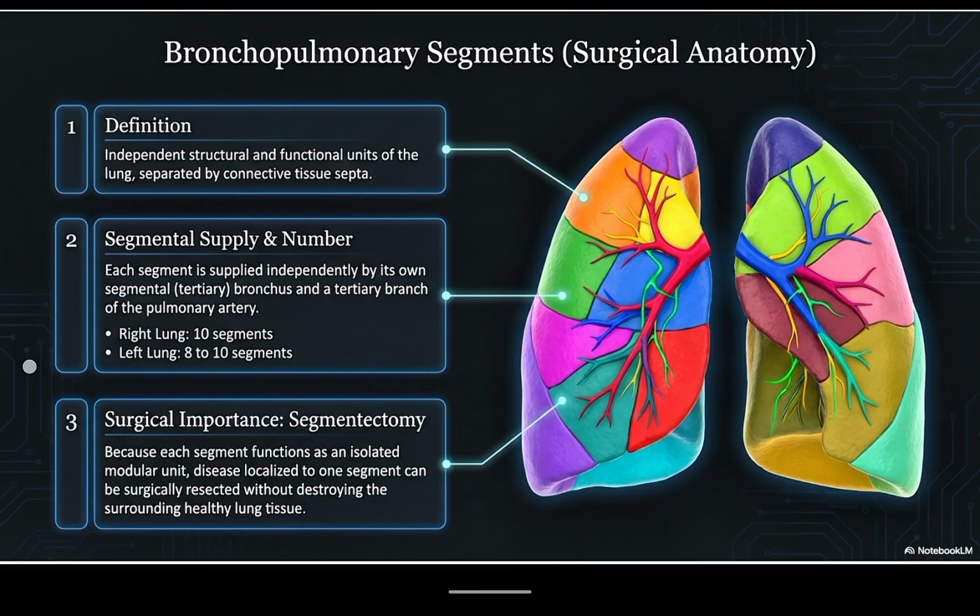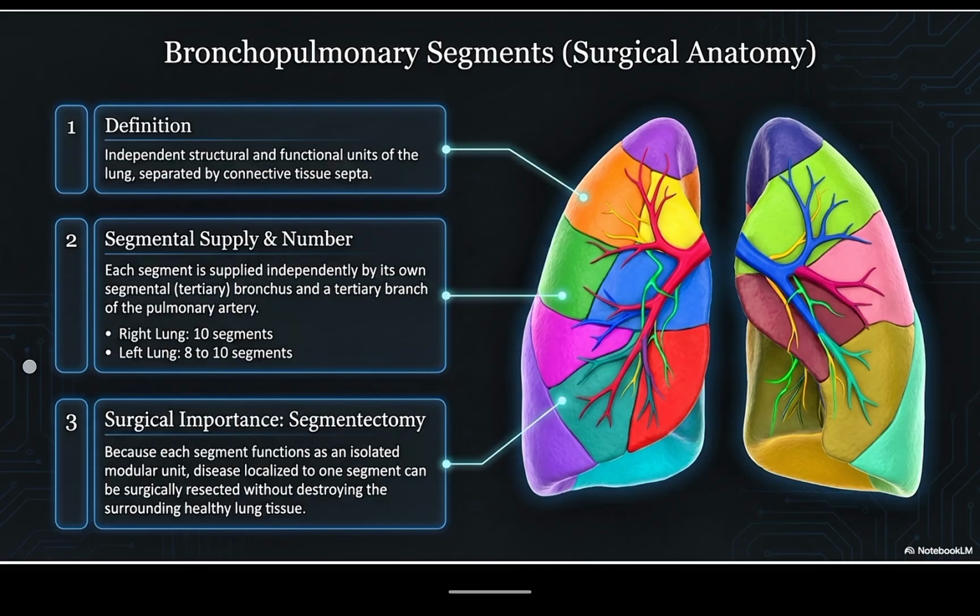The process by which we subdivide the lobes is called the bronchopulmonary segments. The right lung has 3 lobes, while the left lung has 2 lobes. And when you subdivide these lobes, we now have segments.